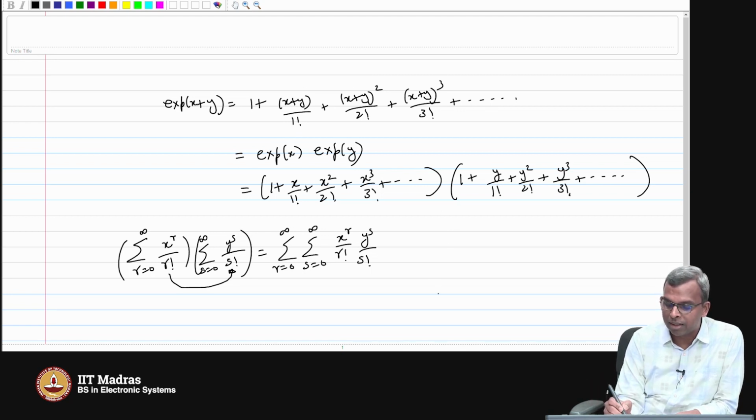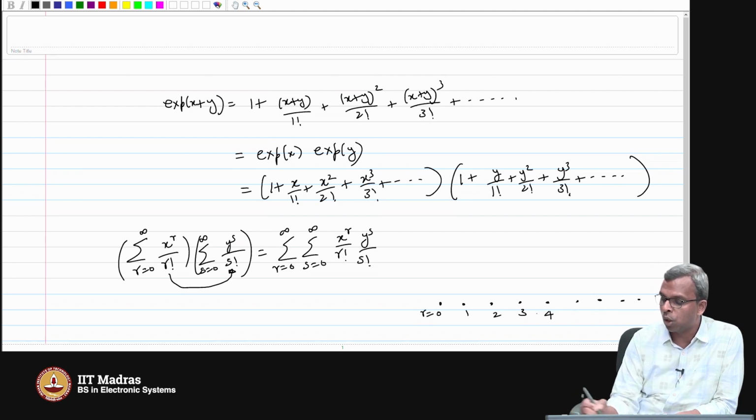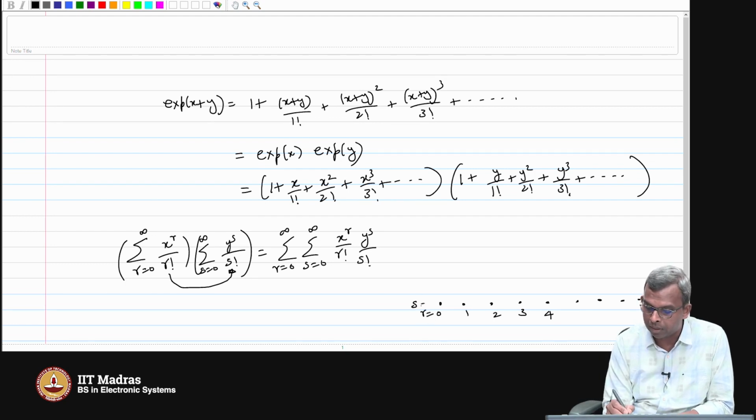Okay, so just visualize this in a 2D grid. This is very interesting, and this visualization will help you a lot. So this is like the r axis, r equals 0, 1, 2, 3, 4, so on. It keeps on going. Likewise, on this side, let me have s equals 0, and then s equals 1, so on, right?